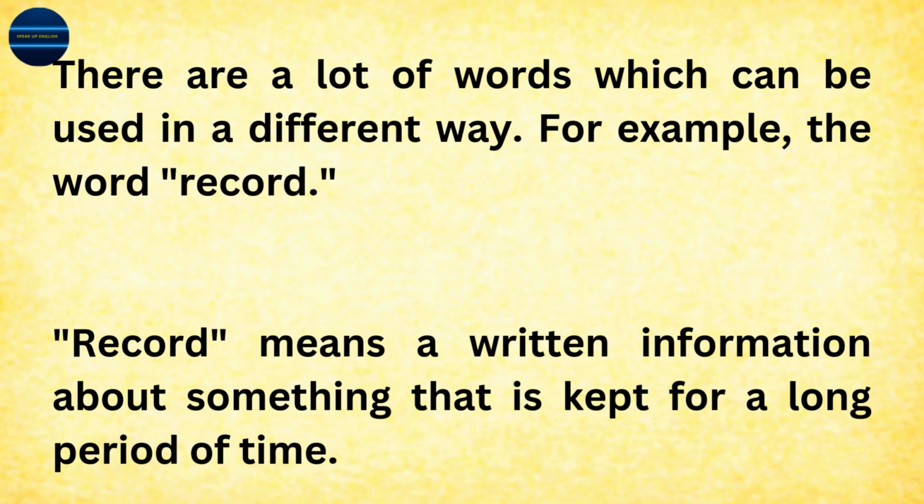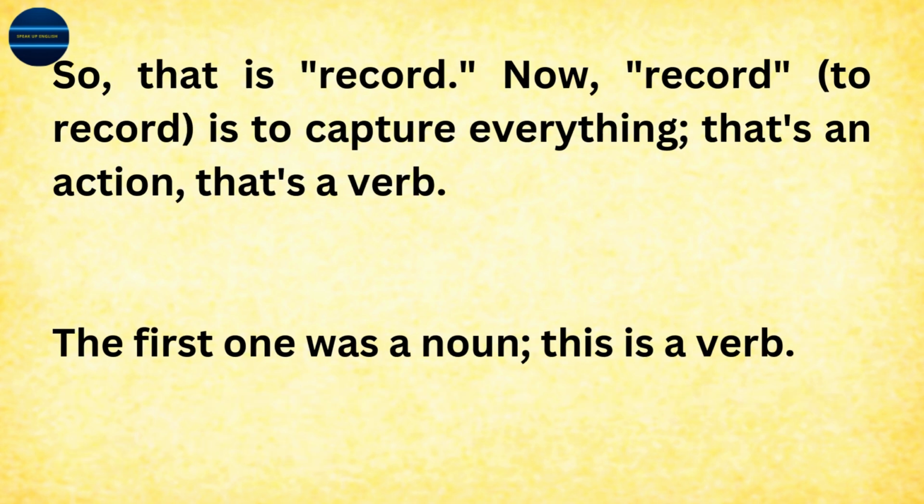For example, the word record. Record means written information about something that is kept for a long period of time. So, that is record. Now, to record is to capture everything. That's an action. That's a verb. The first one was a noun.